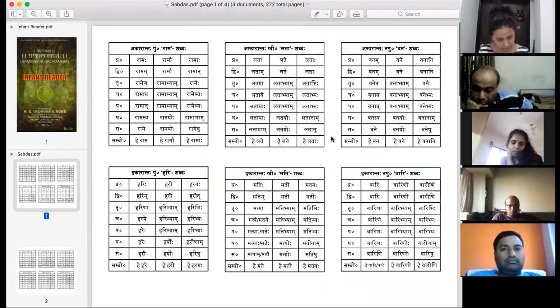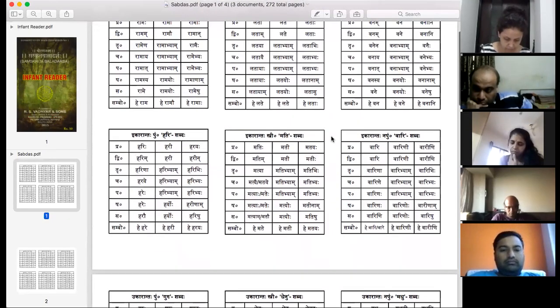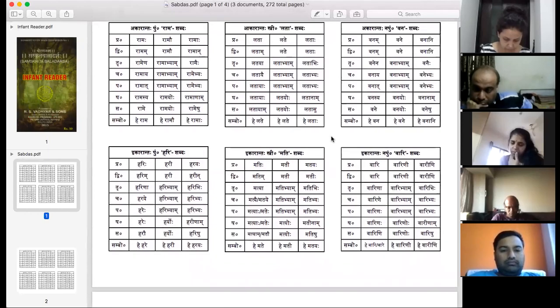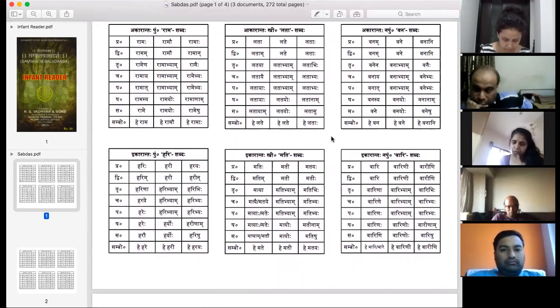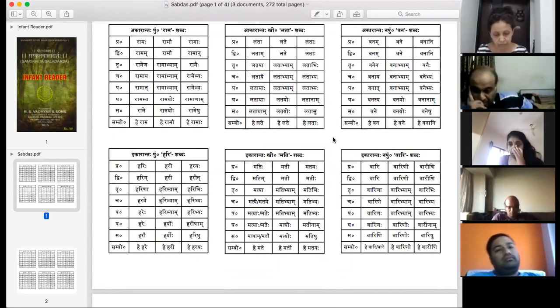So this is basic information, basic knowledge about shabdas. To summarize, shabdas, these declensions are there only for nouns, and then there are 7 cases, 7 declensions in each shabda, 7 plus 1.